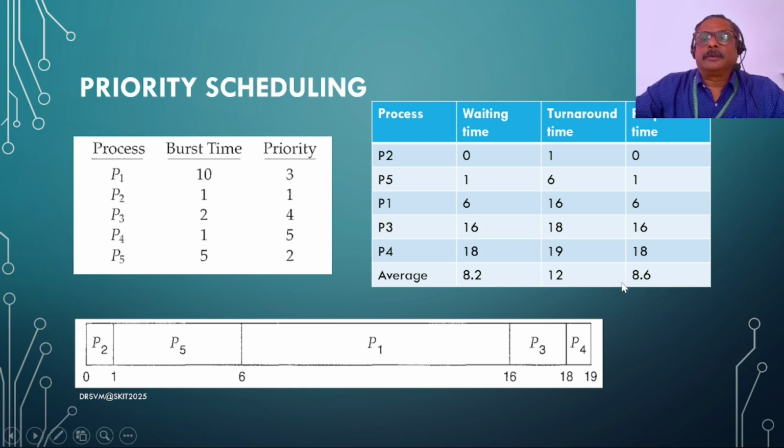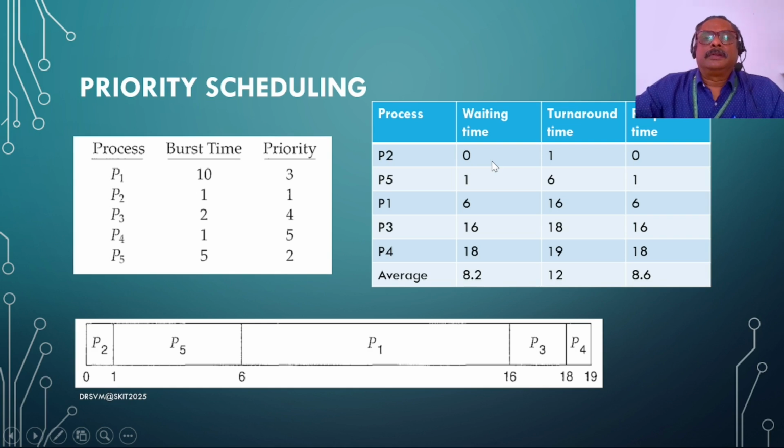Yeah, it looks very bad, but in reality, the processes here are arranged in the order of their priorities. The top priority is in the first place, and the least priority is in the last place. If you go through these 3 columns, we see that the top priority has minimum waiting time, minimum turnaround time, and minimum response time.